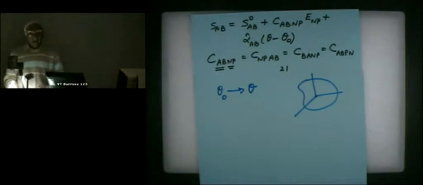So what will happen? It will expand. And the expansion will equal the coefficient of thermal expansion times the length times the temperature change.